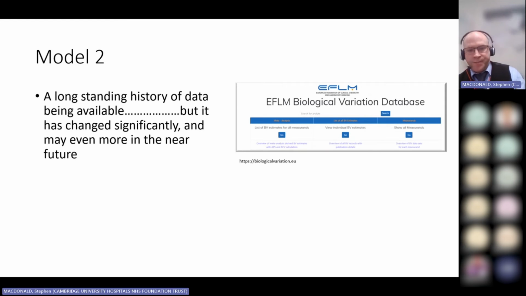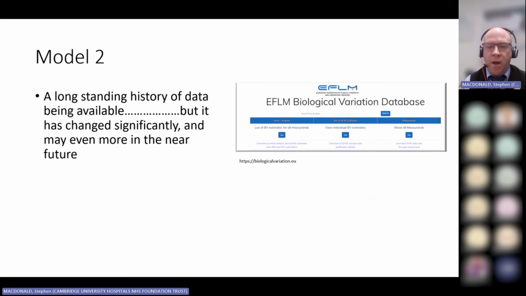What they have done is they haven't taken all of the studies on biological variation and calculated the parameters from all of that. They have gone through every single study which has been published on every single measurand for biological variation and scored it based on a template to determine the quality of the data.